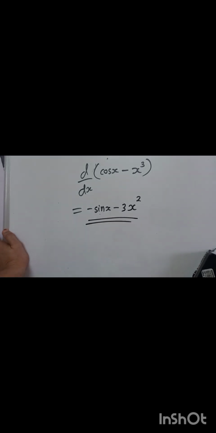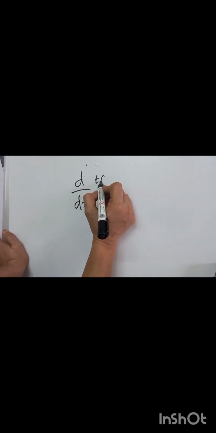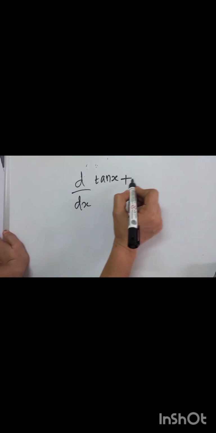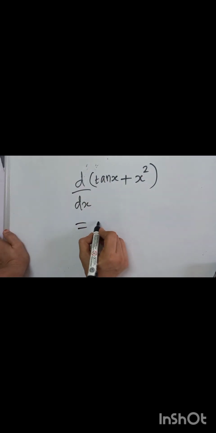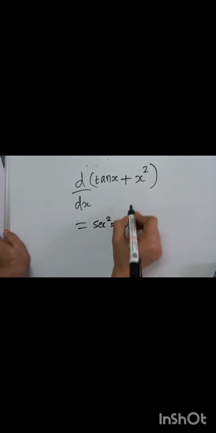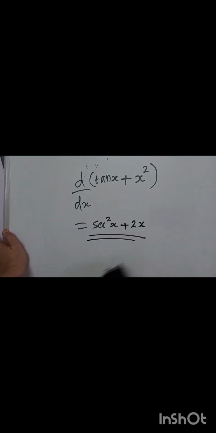So this is how you find the derivatives of functions which involve trigonometric functions as well as power functions. Now the derivative of tan x is sec square x. Let the question be the derivative of tan x plus x to the power 2. The derivative of tan x is sec square x, plus the derivative of x square by the power rule, 2x to the power 2 minus 1, which is 2x to the power 1, just 2x. So sec square x plus 2x.